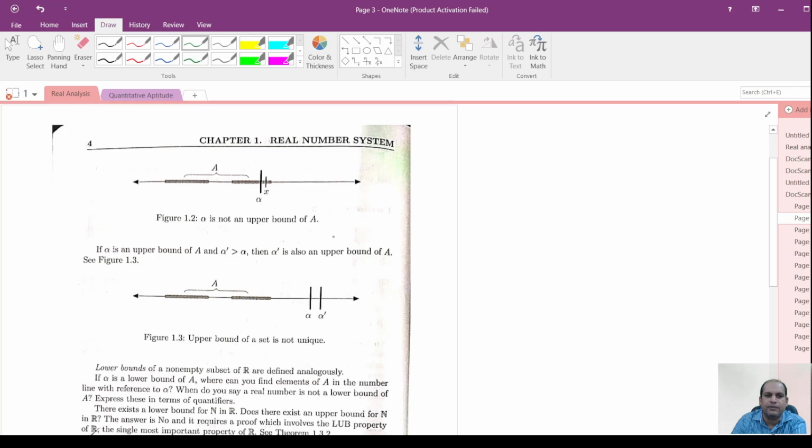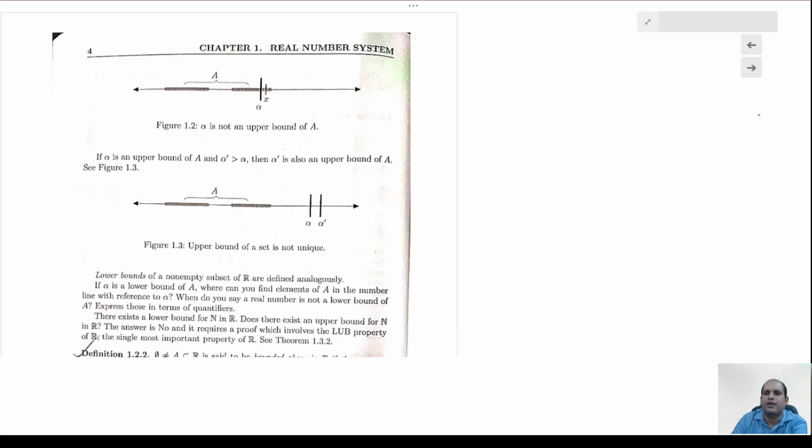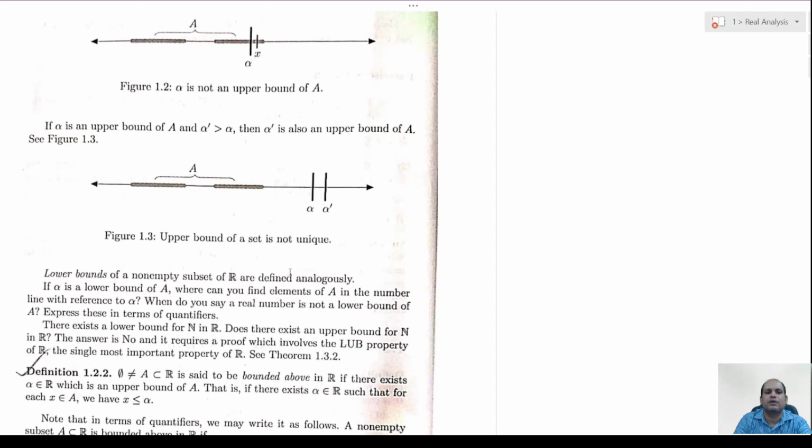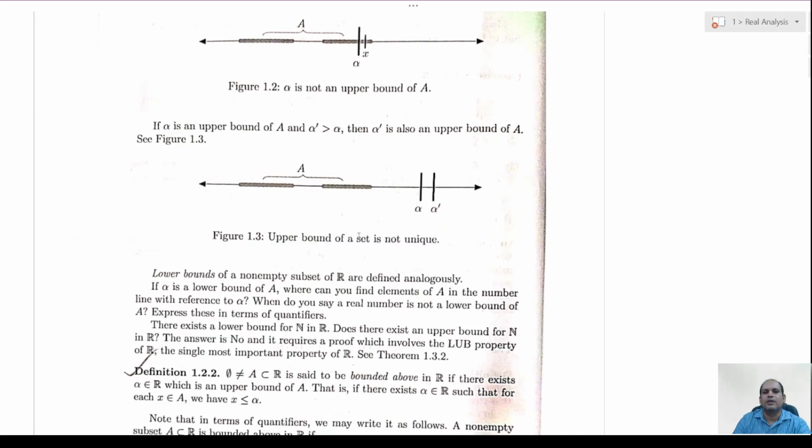Next definition, another geometrical interpretation. If alpha is not an upper bound of A, then I need to produce at least one x which exceeds this alpha, x is greater than alpha. This is geometrically represented here.